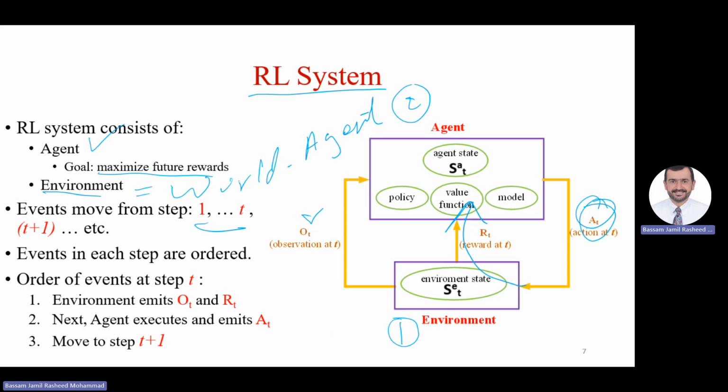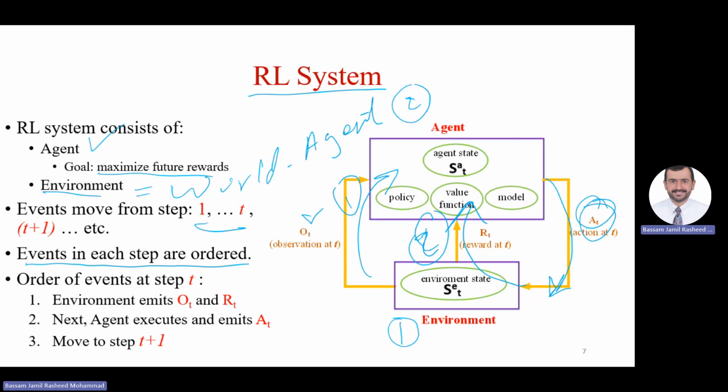So events in each step are ordered, and the order of the events is as follows. The environment provides the observation and the rewards from the previous step. These are the things that the environment provides, and then the agent takes an action, and then we move to the next step. So the environment provides the state, the observation, and the reward for the previous action.